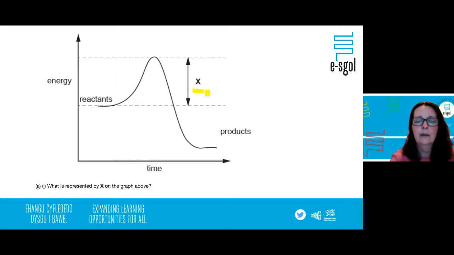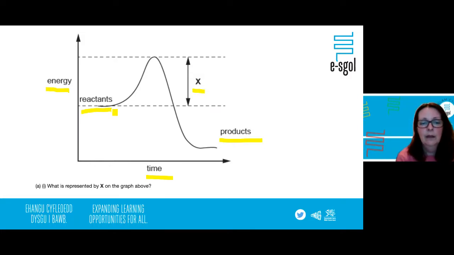So here we have X. If we look at the graph, we've got energy and time, and then we've got our products and our reactants. So pause this now for a second and have a think what X might be, and then when you are ready, replay the film and we'll have a look at what the answer is.